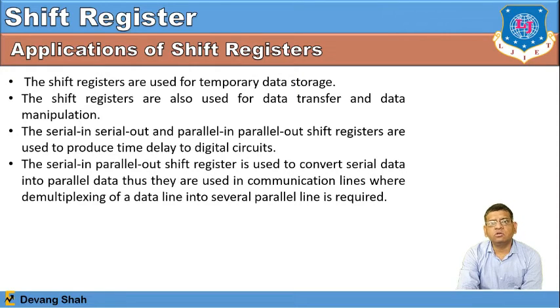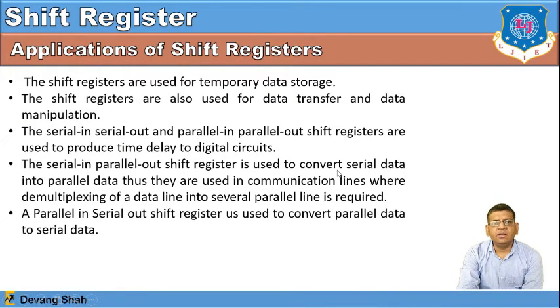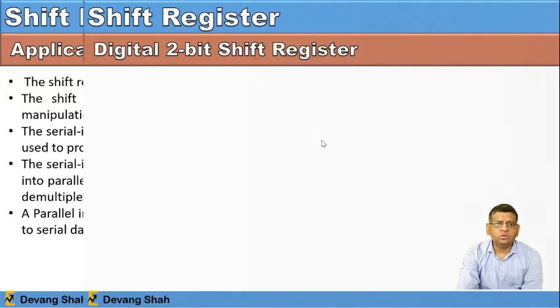So you can convert your flow of information from serial to parallel, as well as from parallel to serial, right? Thus, they are used in communication lines where demultiplexing of a data line into several parallel lines is required. The parallel in, serial out shift registers are used to convert parallel data to serial data, right?